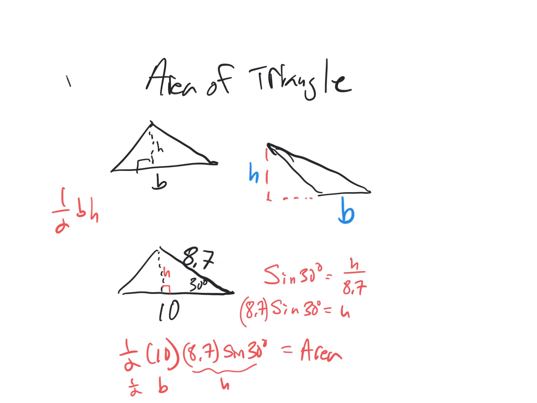I have the hypotenuse. SOHCAHTOA says that's sine. So sine of 30 degrees equals height over the hypotenuse. To solve that equation, I'm going to multiply both sides by 8.7. Then instead of finding that and writing in the answer, I said it's 1/2 the base times the height, and that whole thing's the height, and that'll be the area, whatever that is.